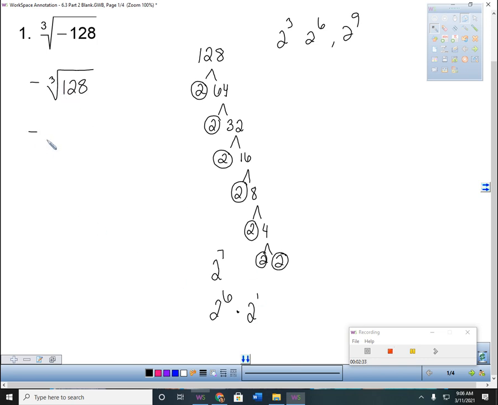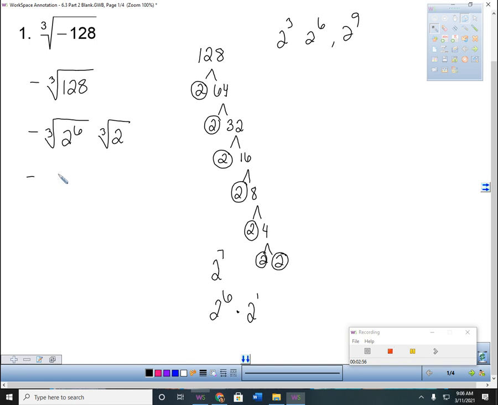So you have your negative out front, and then we're splitting this into 2 separate cubes. Make sure that your little cube root is in the little crook of your root symbol. So we have 2 to the 6th, and then we also have the cube root of just a 2, right? This is the one that's going to stay underneath because I can't simplify it anymore.